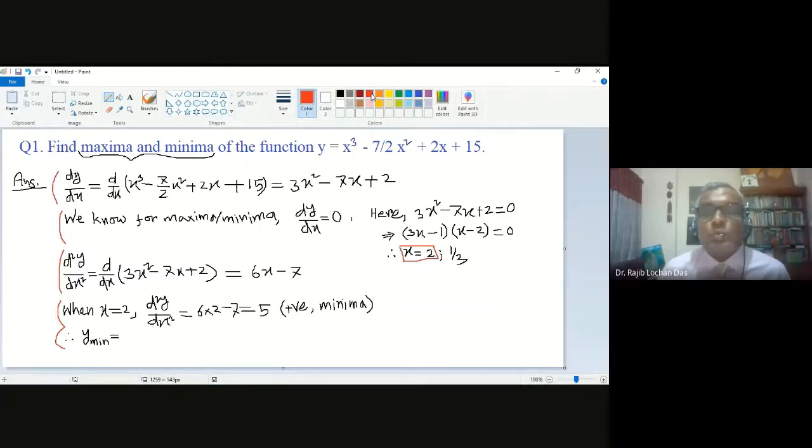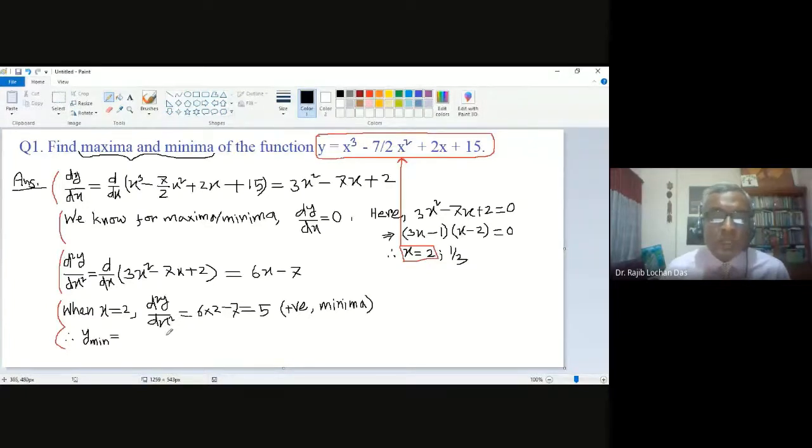You put this x value into the original equation, that is y equals x cube minus 7 by 2 x square, plus 2x, plus 15. That original equation will give you the value of the function. So do not get confused or miscalculate.